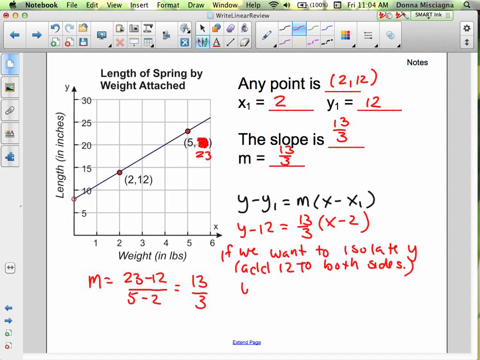So that would be y equals 13/3 times x minus 2 plus 12. And there we go. So we have point slope, and then we have our modified point slope, where we've solved for y. I'll just put PS for point slope.